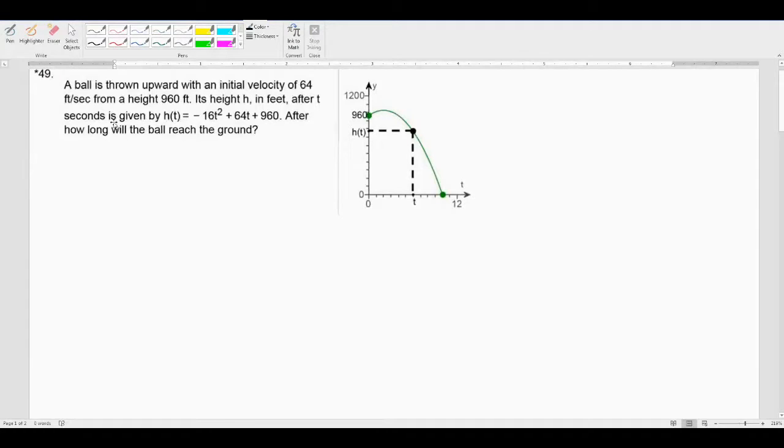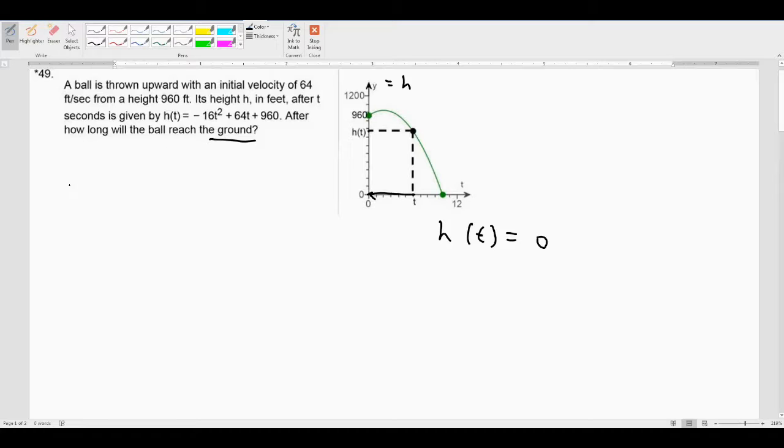When you read this problem, you'll notice that it says a ball is thrown upward, and it's going to come down, and it's going to hit the ground. So when it hits the ground, what's its height? The y value represents the height. And so when it hits the ground, it's at 0.